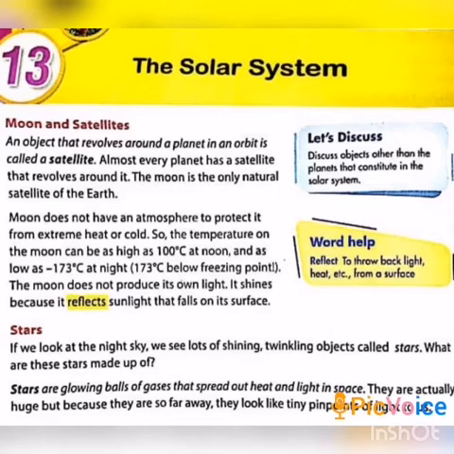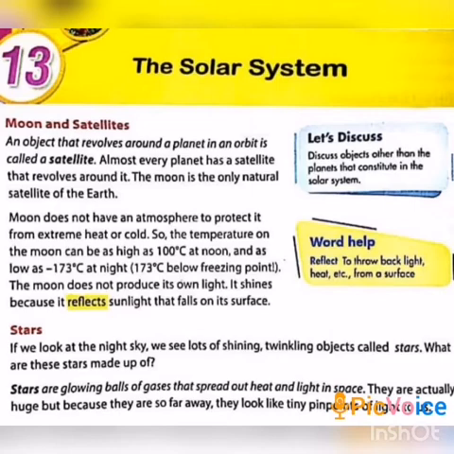The moon does not have any atmosphere to protect it from extreme heat or cold. So the temperature on the moon can be as high as 100 degrees Celsius at noon and as low as minus 173 degrees Celsius at night.